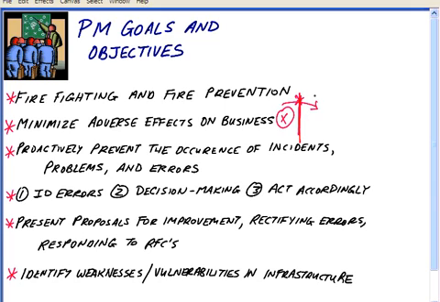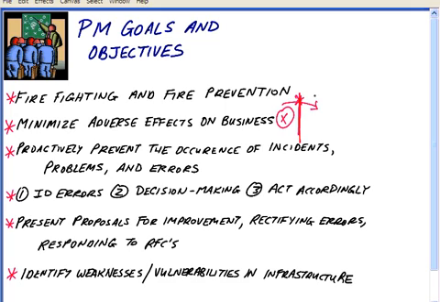That firewall concept goes along with firefighting. With problem management, let's say we're dealing with a worm or a virus or some type of security outbreak, we will be able to isolate and modularize that problem so it doesn't spread to other areas of the business. That's also part of minimizing the adverse effects.